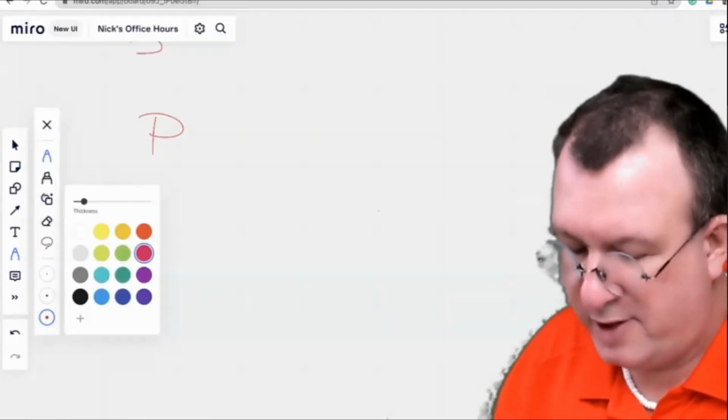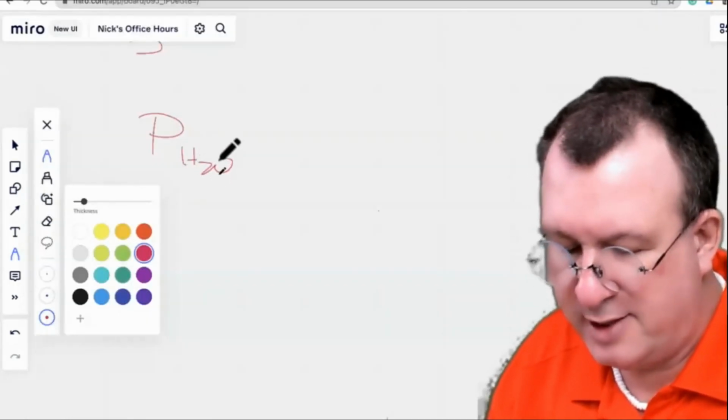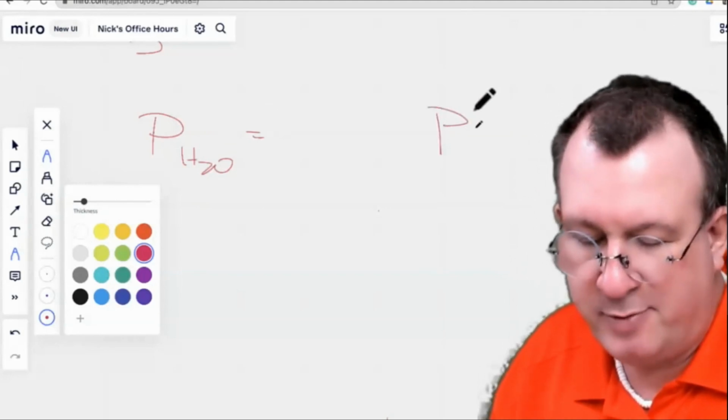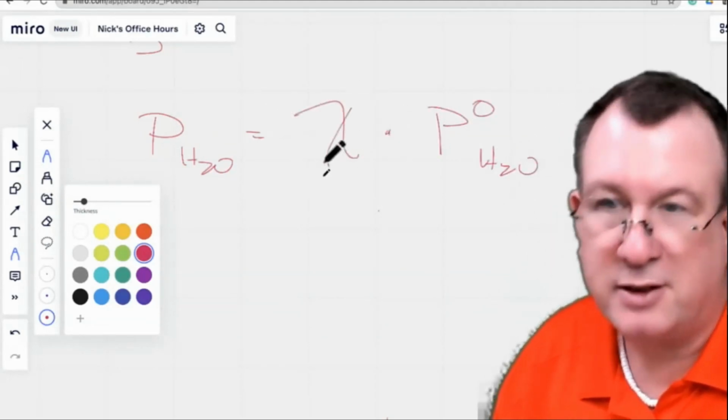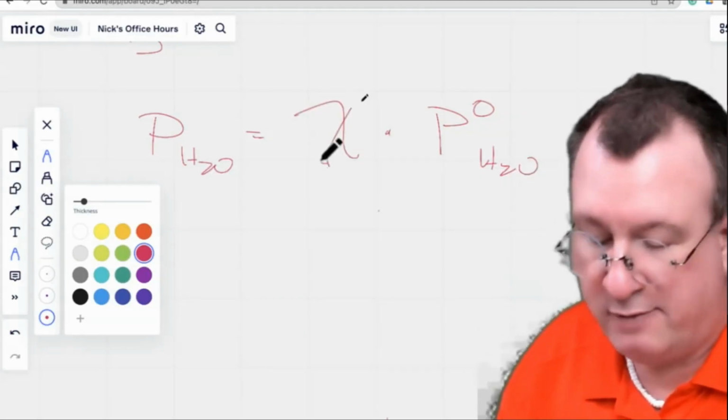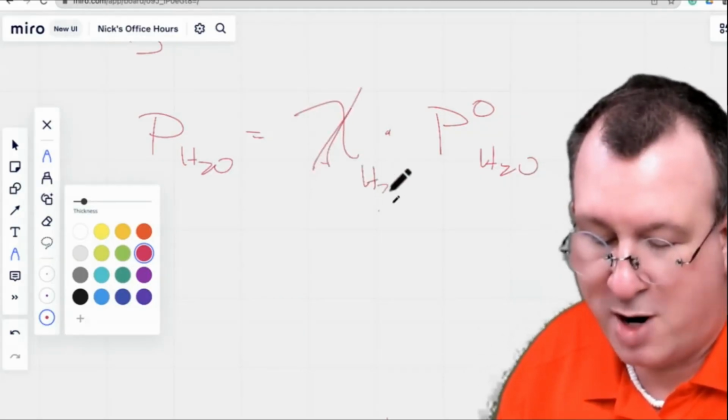So if they want the vapor pressure of water in this solution, it's just the vapor pressure of pure water times the mole fraction of, and this is where you've got to be careful, the mole fraction of the water.